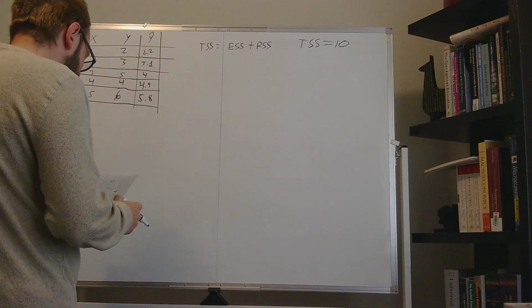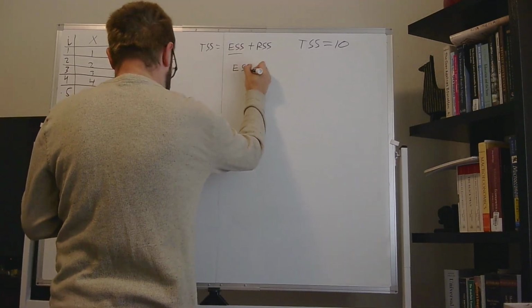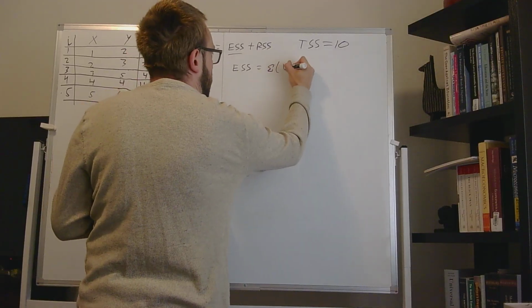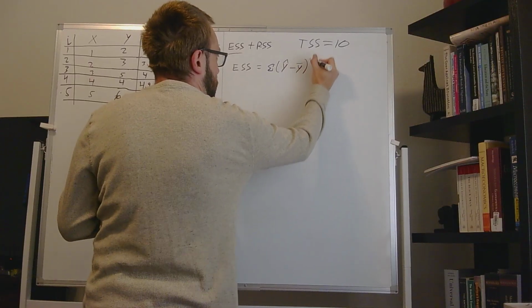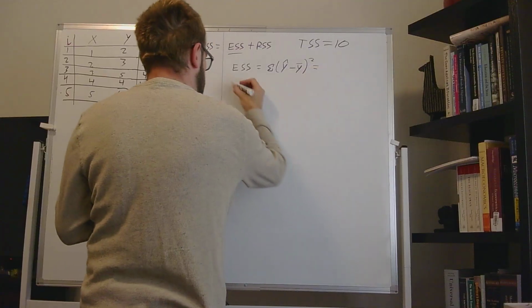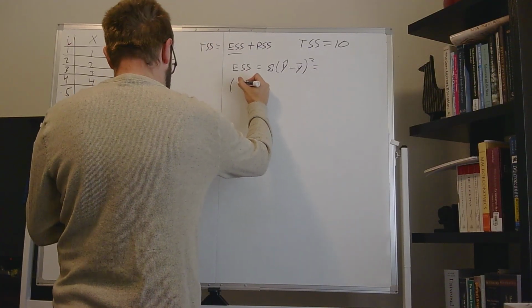So ESS is the first thing we're going to want to calculate, and that is going to equal the sum of the y hats and their difference with their mean, the y bar. I'm going to do this in two columns.